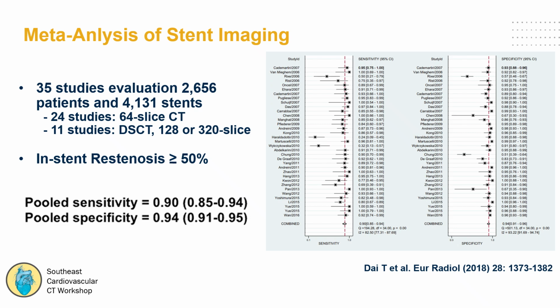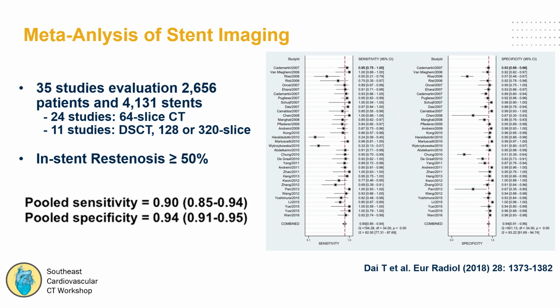Here, we can see the overall diagnostic performance of coronary CTA for detecting in-stent restenosis across 35 studies, including more than 4,000 stents. Again, this is a meta-analysis from 2018, so this is the pre-photon counting CT era.